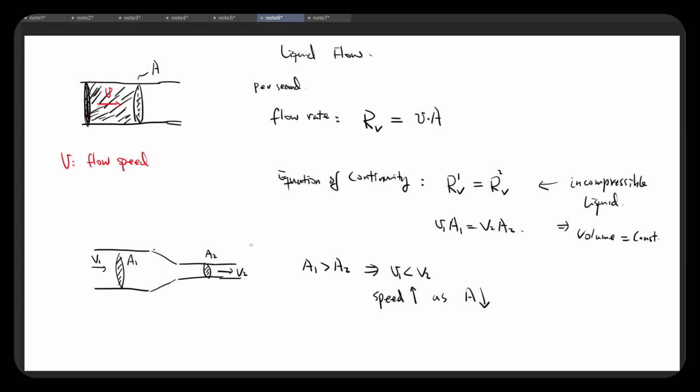Now, using this flow rate equation of continuity, we can also derive an important equation called Bernoulli's equation.